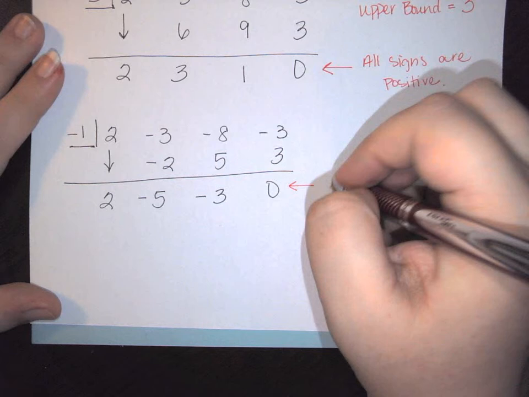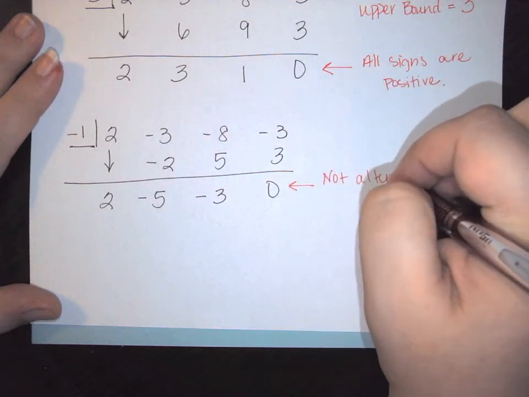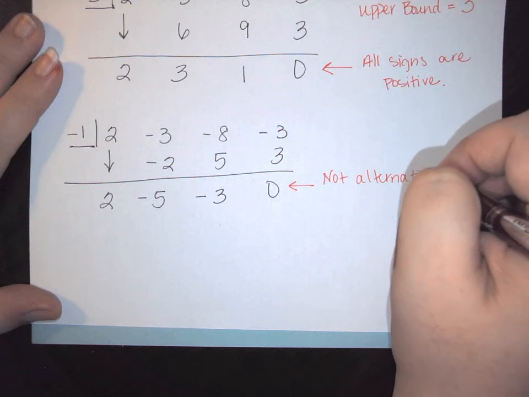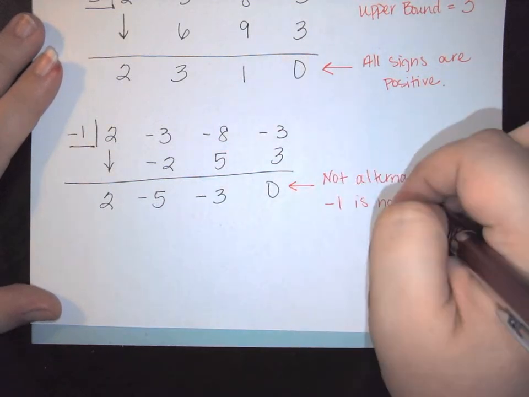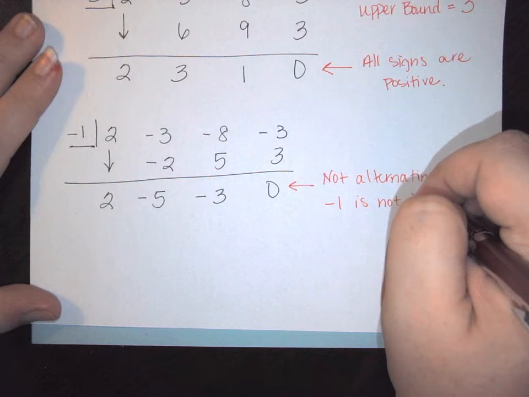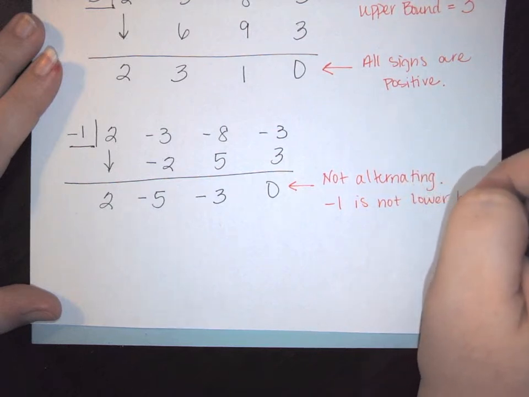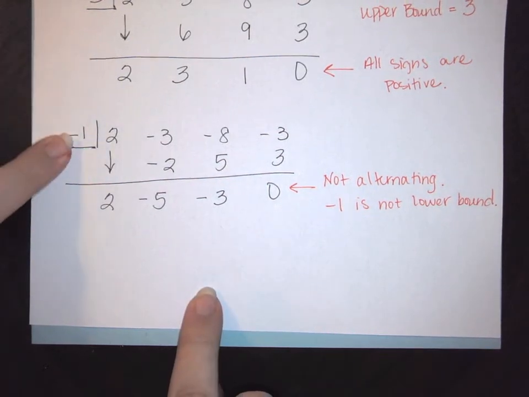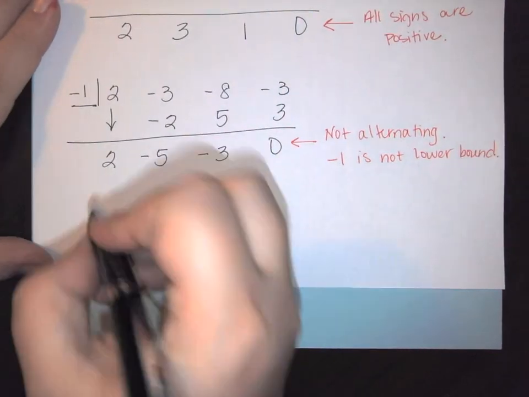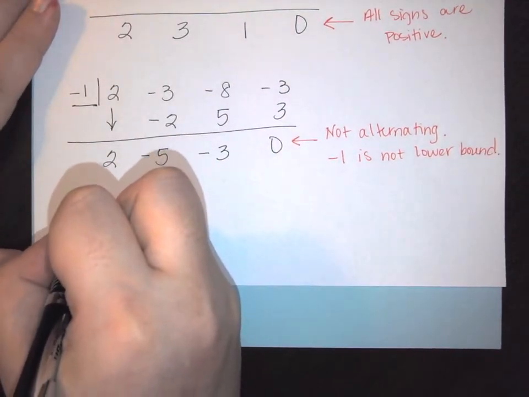So from -1, we're going to go one number lower. We're going to set up synthetic division one more time, only this time we're going to use -2. Again, we use the same coefficients: 2, -3, -8, -3. We're going to drop down. So here 2 goes down. Bottom times the box goes under, -4. Add them together, and this gives you 14.